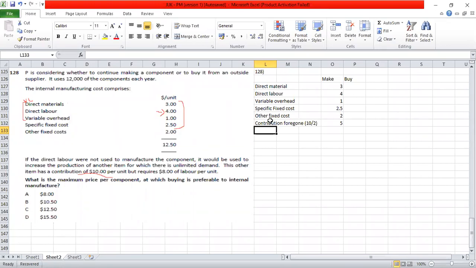When the cost which is charged by the supplier is lower, when is it better, when the cost which is incurred to make that is higher than what the supplier is offering.